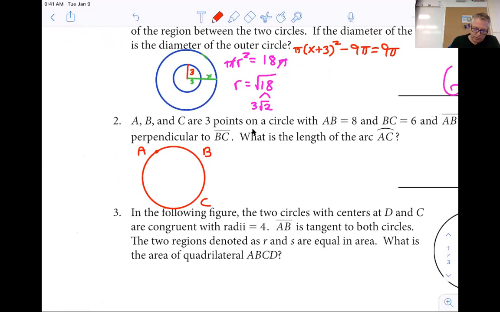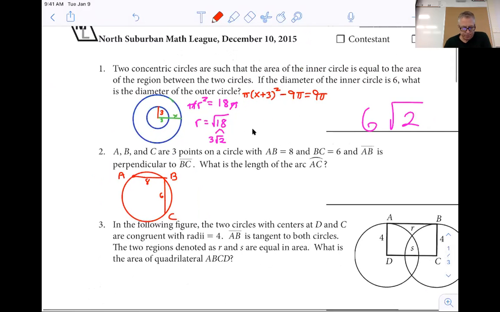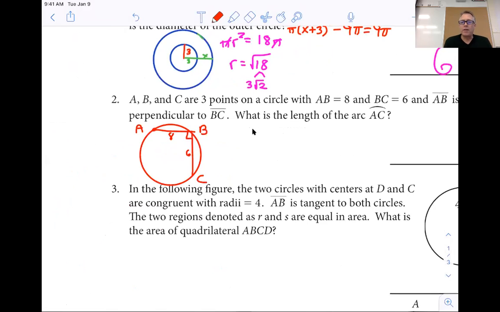AB is 8. BC is 6. And AB is perpendicular to BC. All right, so we're trying to find the length of arc AC. We're trying to find this length here, not angle, but length. All right, take it from there, guys. How about we'll take 3-4 minutes, try and find that length.